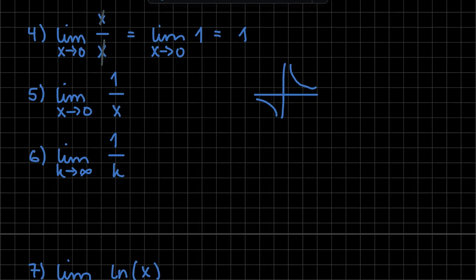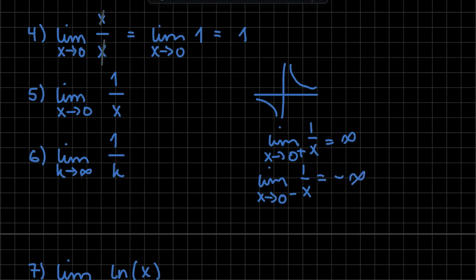This means that the limit as x tends to 0 plus, that is from the positive side, of 1 over x, is infinity, right? However, the limit as x tends to 0 minus of 1 over x, so from the negative side, is negative infinity.